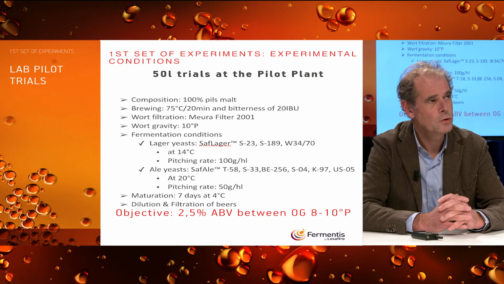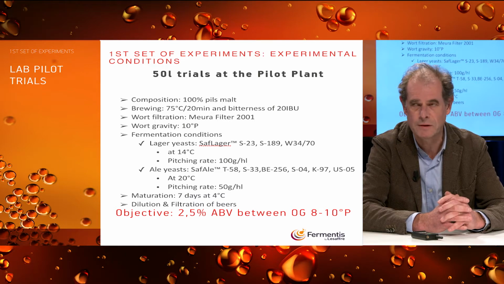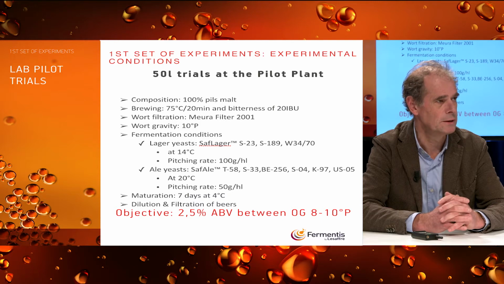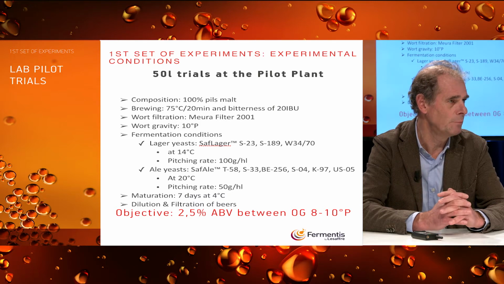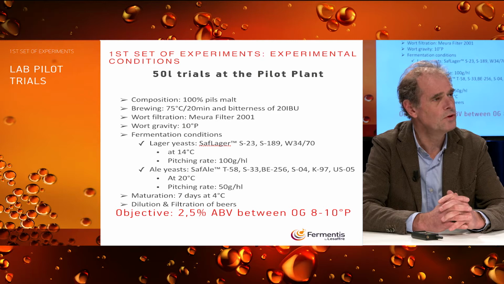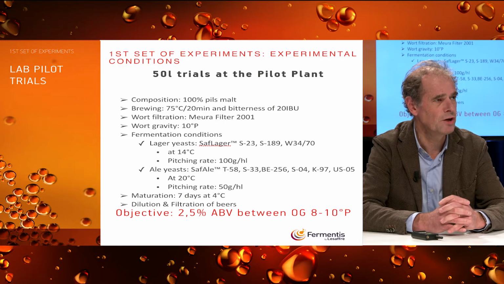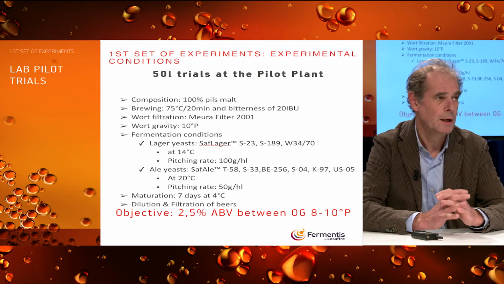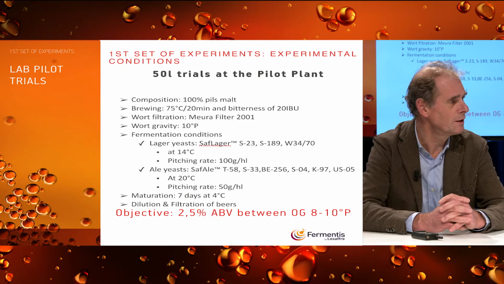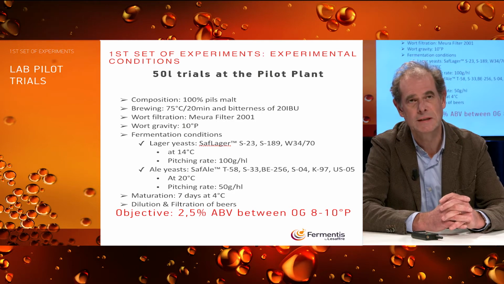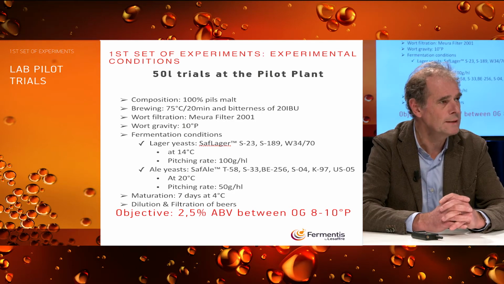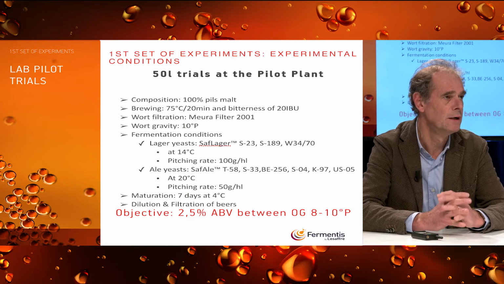It's important to note that in this equipment we use a Mura filter 2001 for the wort filtration. The gravity was 10 Plato, and we used different yeast strains from our collection: the SAF lager S23, S189 and, as you know, W3470, pitched at 100 grams per hectoliter and fermented at 14 degrees C. For the ale yeast, we have the SAF ale, as you know, T58, S33, and so on.